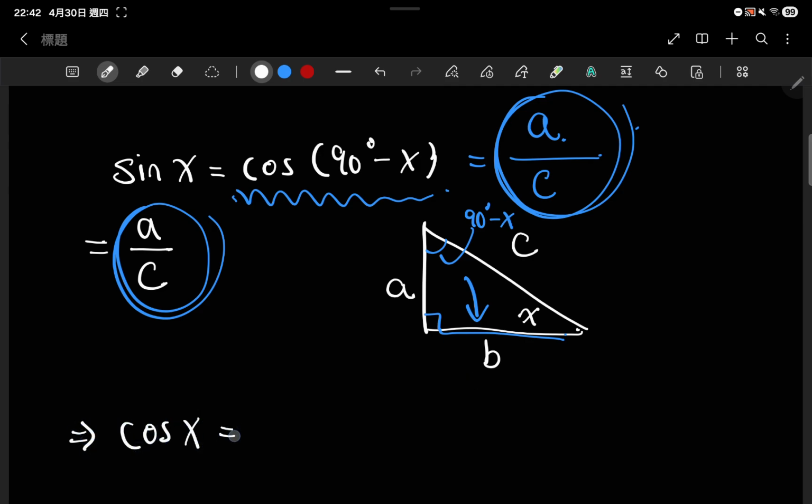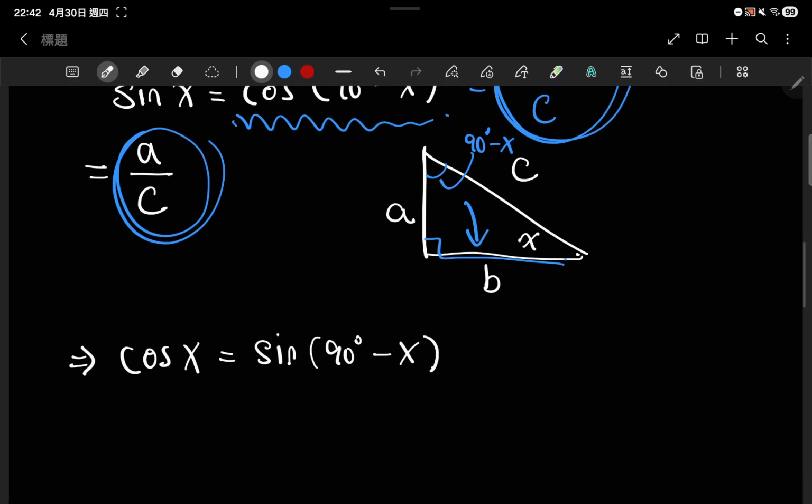Cosine x is equal to sine of 90 degree minus x. Why? In the same triangle, cosine x, cosine is the adjacent side over hypotenuse, so it equals b over c, right?